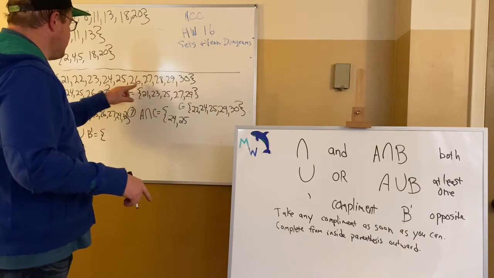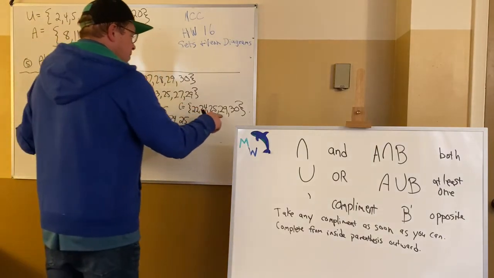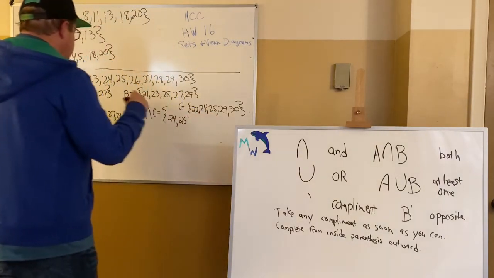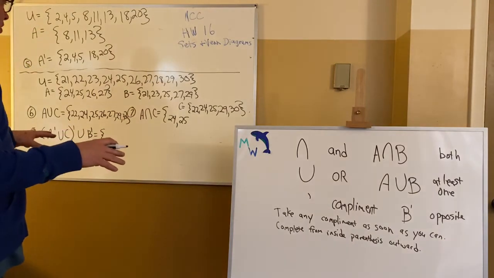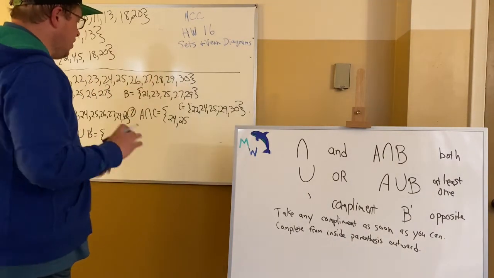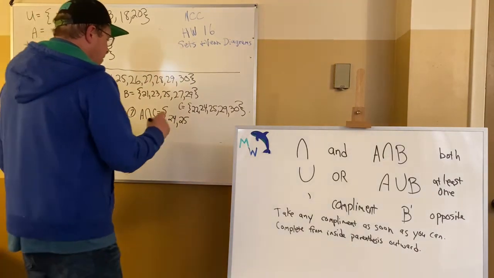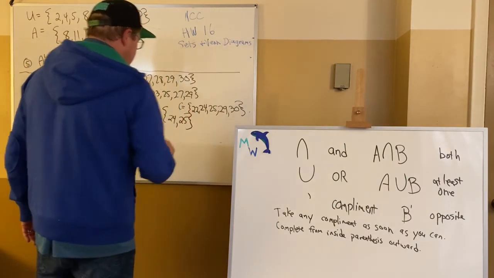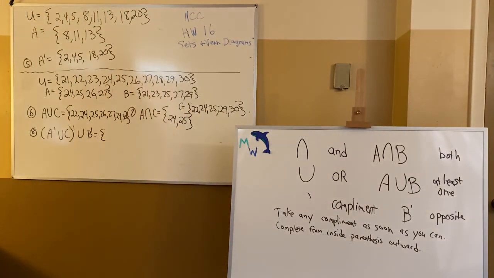Universe has 27, A has 27, but C does not. And then A stops having anything at 27, so 28, 29, and 30 are immediately kicked out by not having A, and that's made up of nothing but 24 and 25. So the only things in A that are also in C are 24 and 25. The first two in A find their ways into C. Otherwise, C's items are too low or too high.